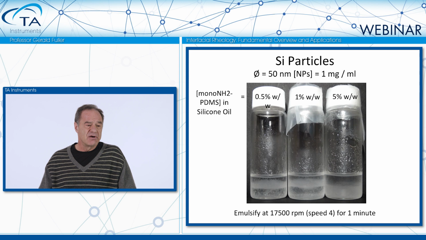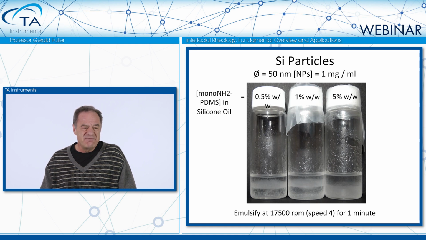And you can see here three vials, all at the same concentration of particles, 50 nanometer silica particles in the water phase. And in the oil phase, we've got three different concentrations of the polymer surfactant. And then these have been emulsified.